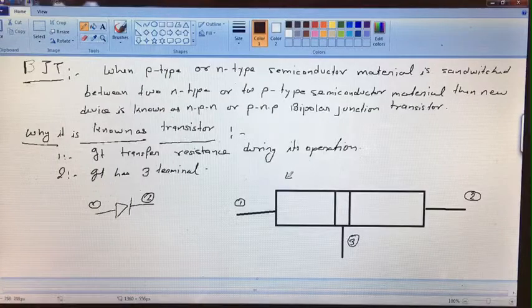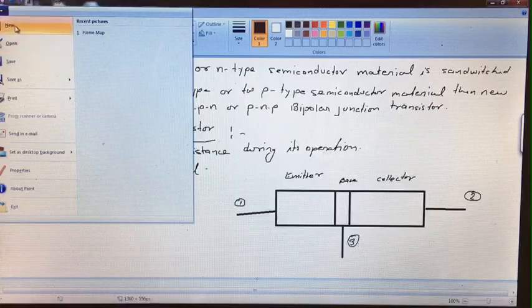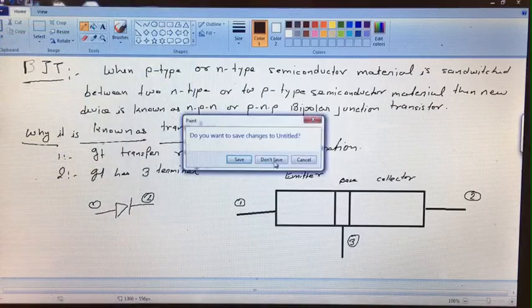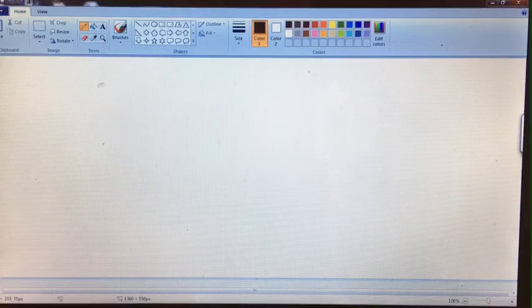This is known as emitter. This is base, and this is collector.